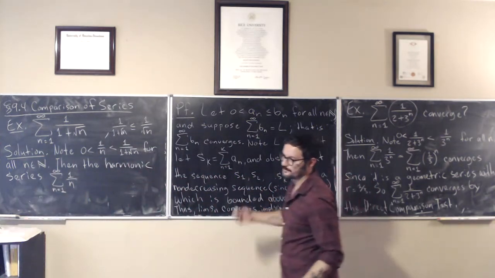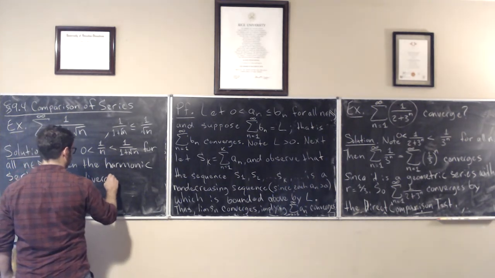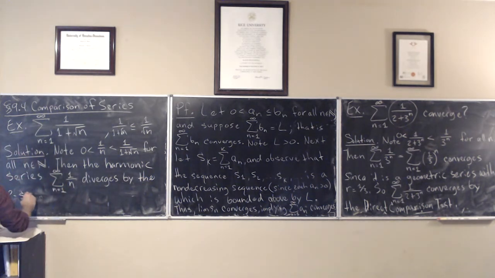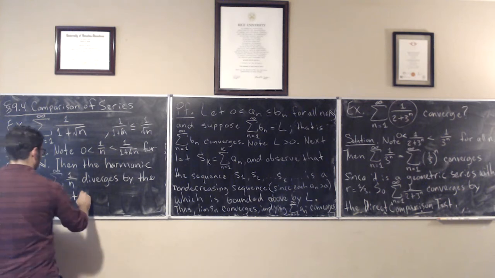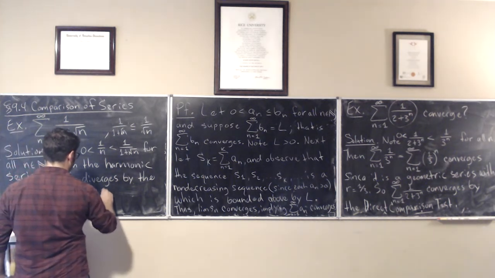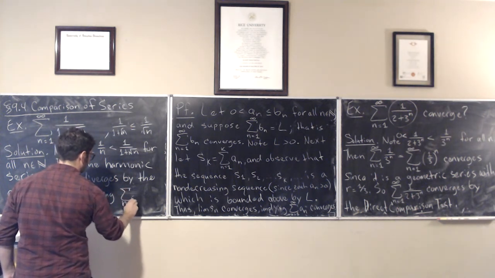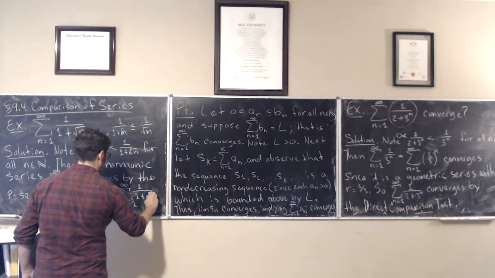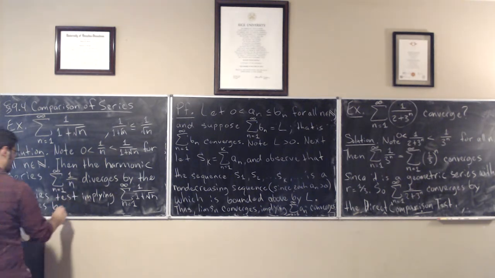P equals 1, it diverges by the p series test, implying that the larger sum also diverges by the direct comparison test.